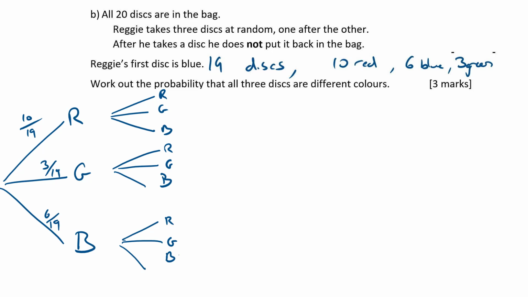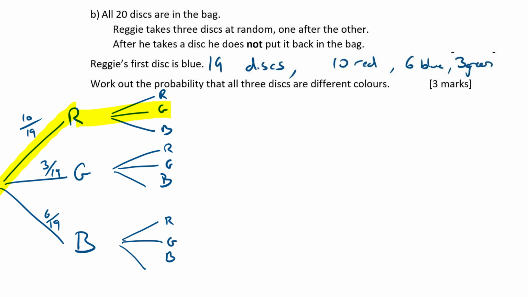Now we're not interested in the blue path, because if I went down the blue path I would have 2 blues, because I've already picked a blue on the first selection. So either I'm going to pick the red route, and then I'm not going to pick the red again because I'd have 2 reds, and I'm not going to pick the blue because then I'd have 2 blues.